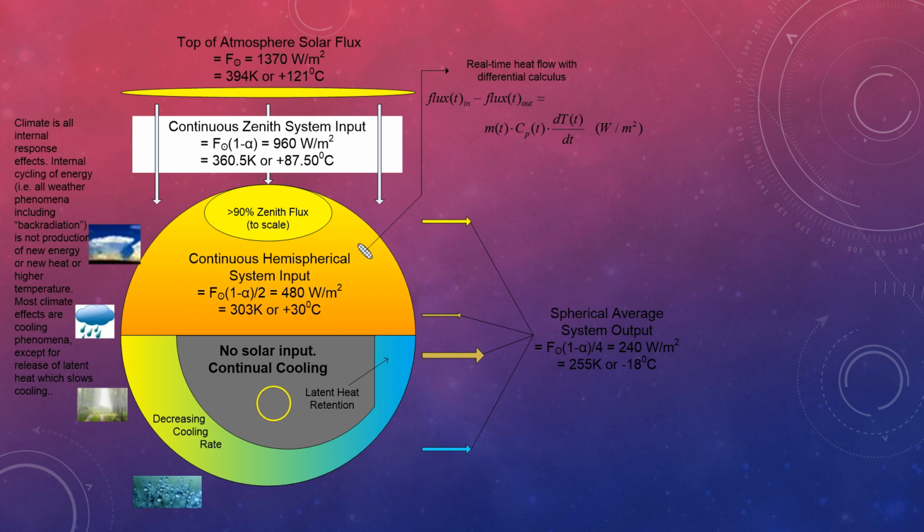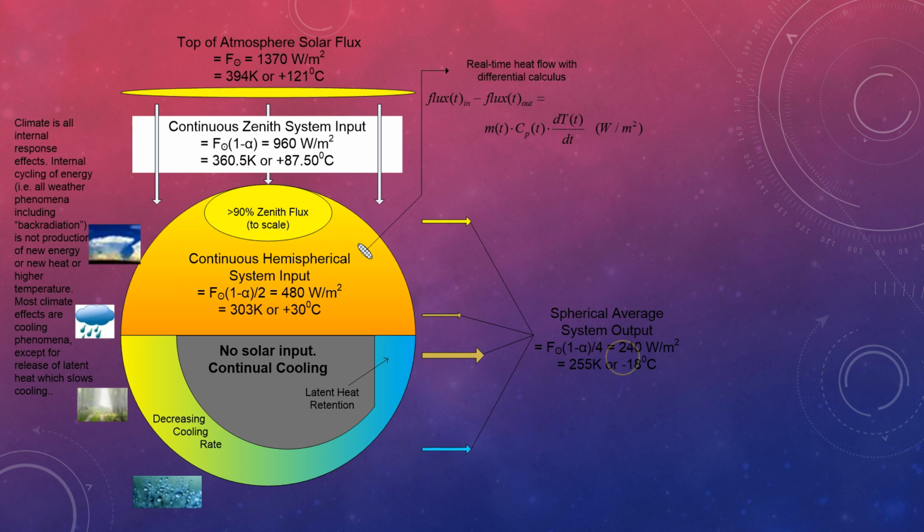So here's basically the effective temperature calculation. First of all, you have this top of atmosphere solar flux coming in, and then it's basically transformed through the Earth, stepped down in flux, and comes out as this flux.